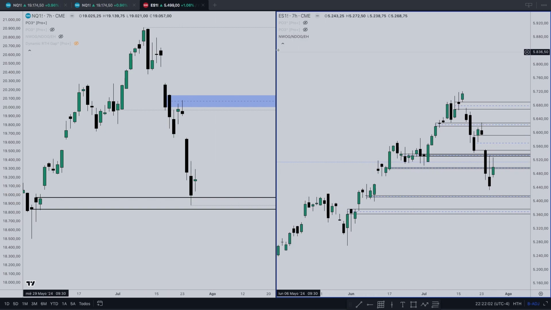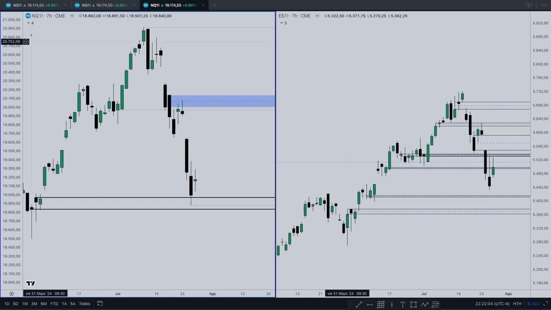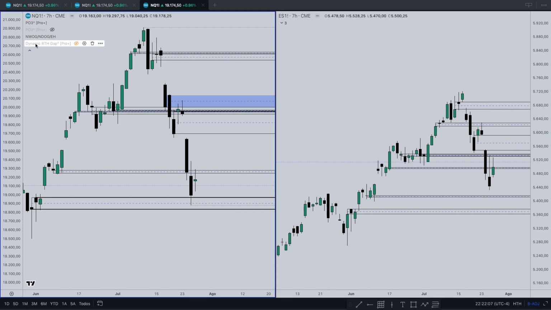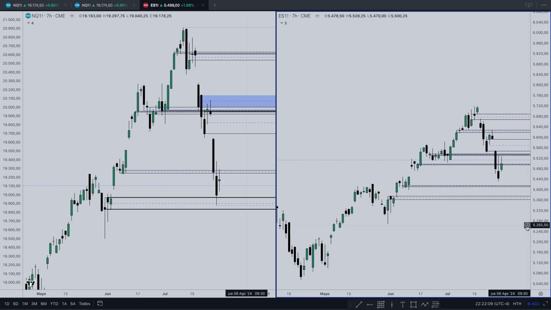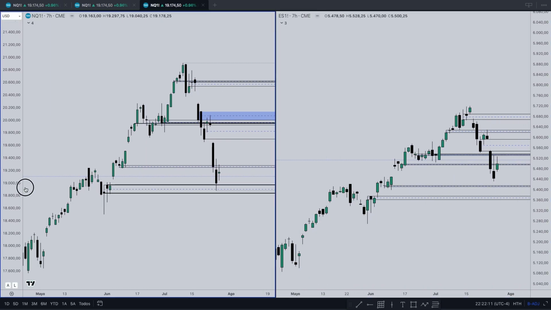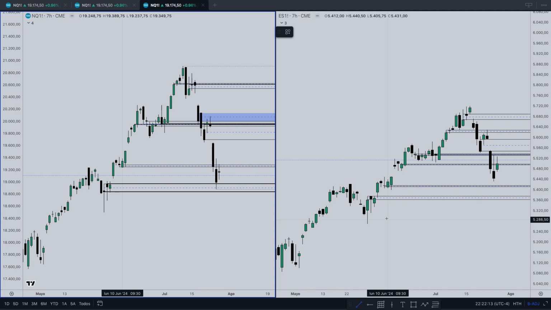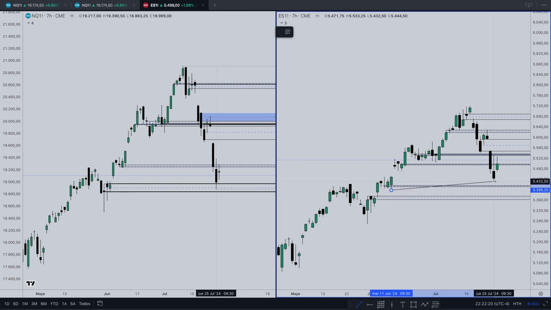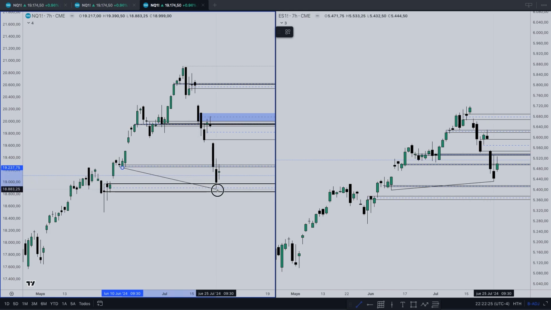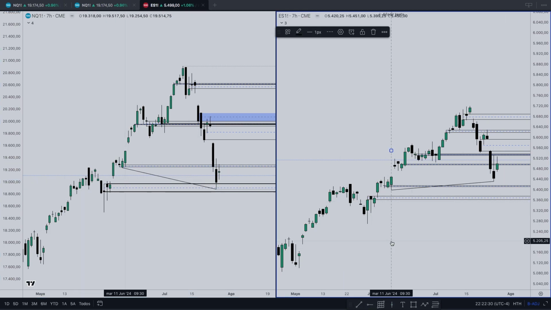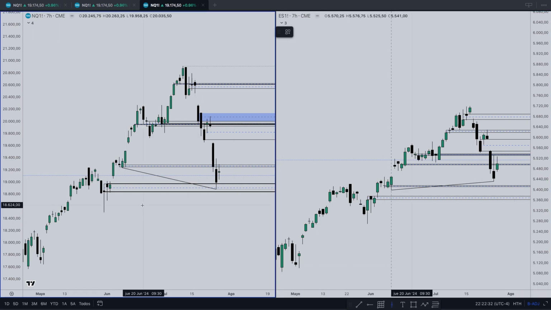And I want you to notice also that now we had an SMT here. You can place a vertical line here, and it is actually this swing.